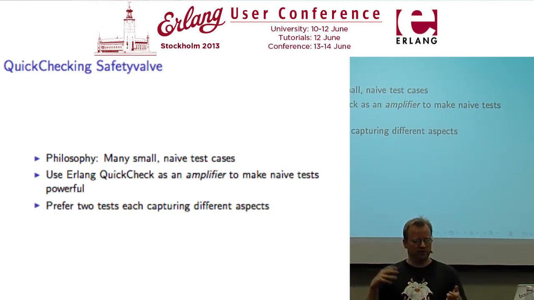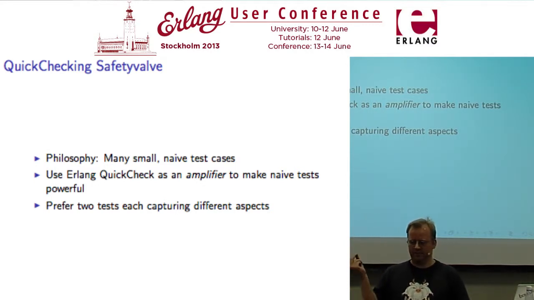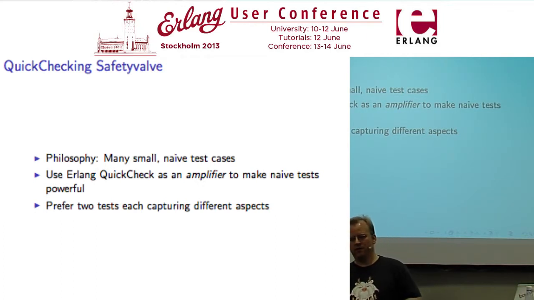So instead, what you want to do is have many, many, many small, very naive QuickCheck models. And each model only tests a single aspect of your system under test. So you're essentially hitting it from all kinds of directions. And the hope is that one of your small model tests actually hits something important in there. Then you want to use the random generation of QuickCheck as an amplifier on your simple test.